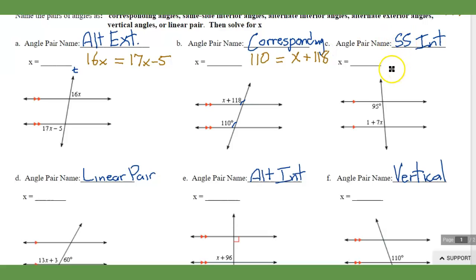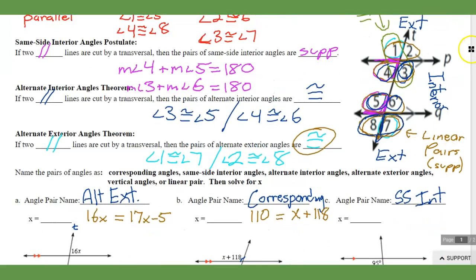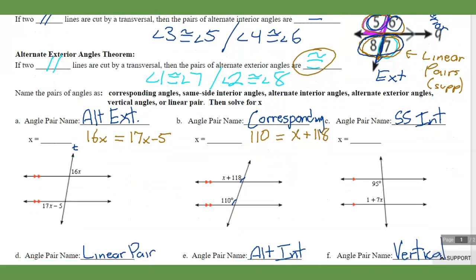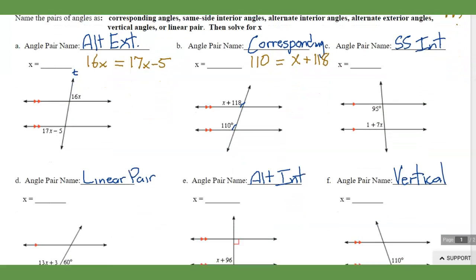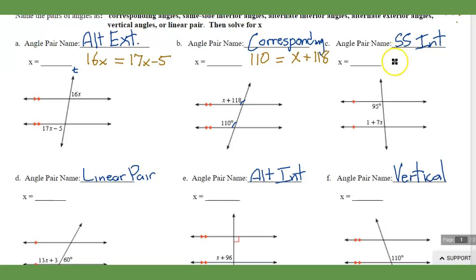Okay. Then we have same side interior. Those are the two measures add up to 180, so a little different. Okay. So we have 95 plus 1 plus 7x equals 180. So there we go.